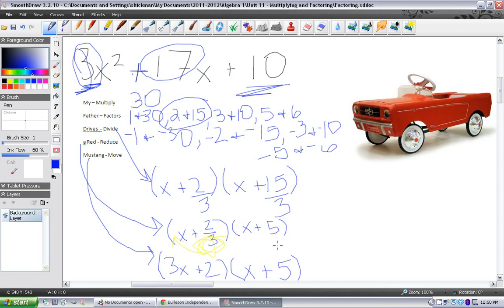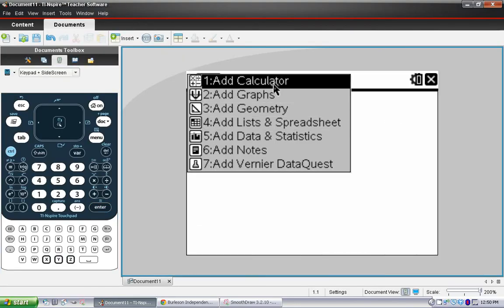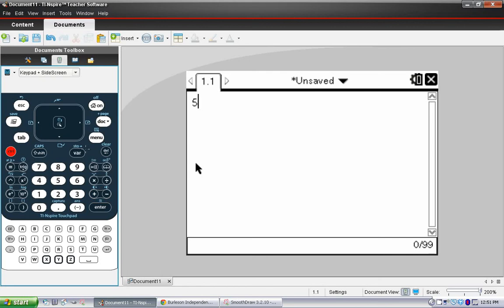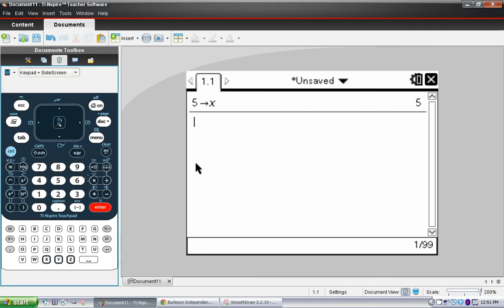Now we need to check our work. So we are going to go to our calculator, and let's do a new document, add a calculator. We are going to store a number for x. So I'm going to pick 5, control var x. I hit enter. And now I type in the original problem, 3x squared plus 17x plus 10.